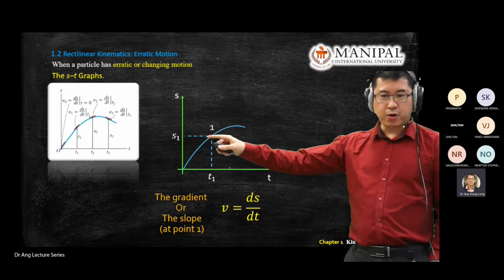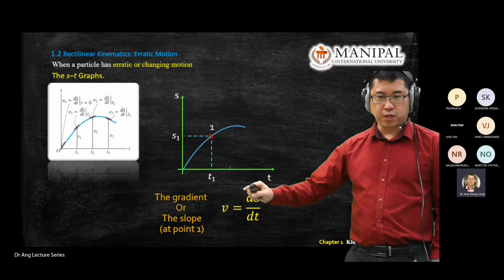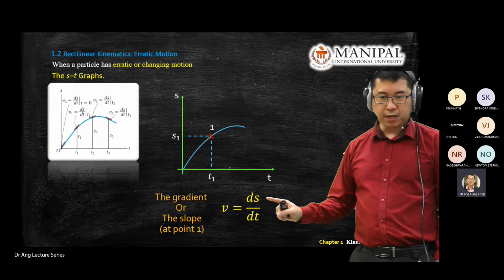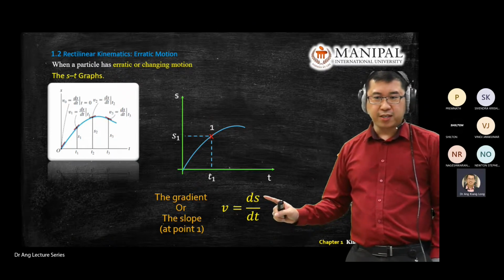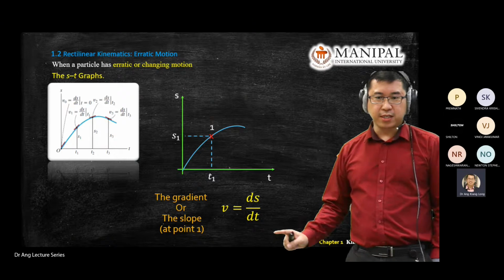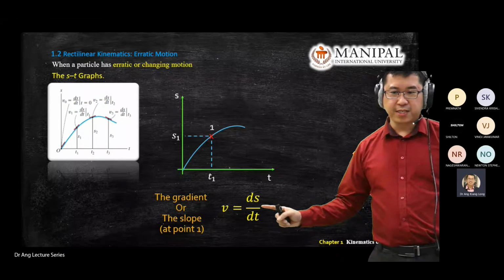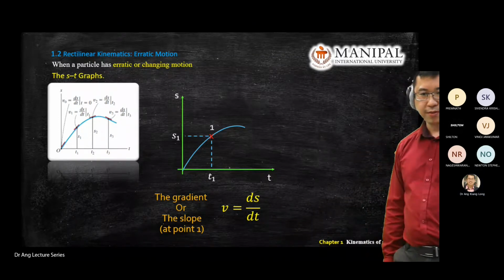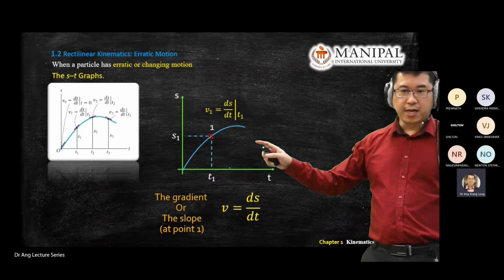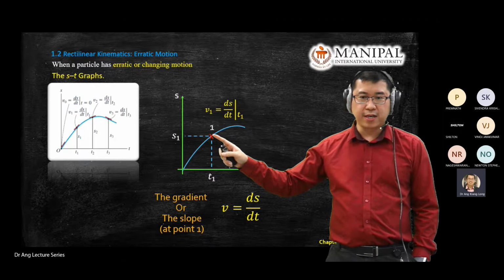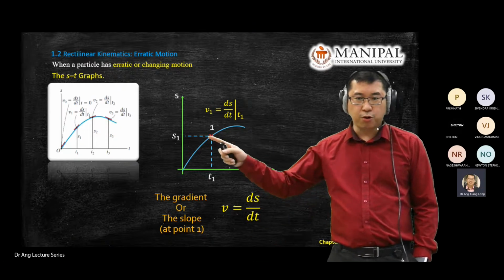So you can extract point 1 information into velocity by doing the differentiation ds over dt. This is not divide, it's a differentiation process. You take S differentiated with respect to T at this point. I will mark it as V1, the velocity here. By finding the differentiation at this point, I get the velocity at this point, or you're finding the slope at this point.